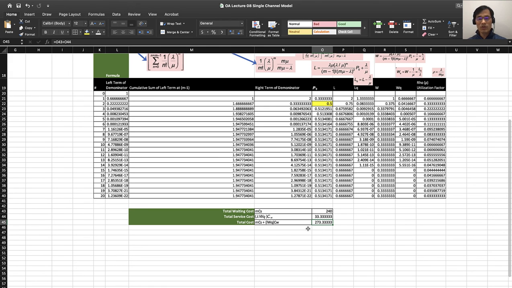So therefore, total cost is $273, which is much less than the others, right? So that's what we find through this MM2 model.